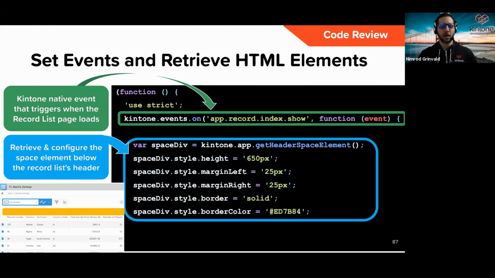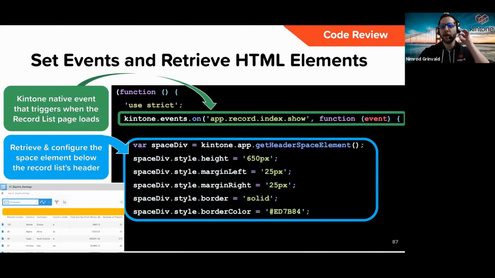The first line that you'll notice, kintone.events.on. Let me tell you a story about that. So there you are inside of the internet, and you're building behavior on web pages, and you want to set certain behavior to go off on certain triggers, like on page load, for example. Well, there's web event triggers.